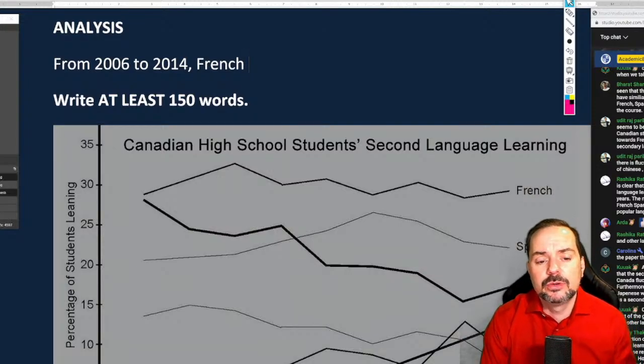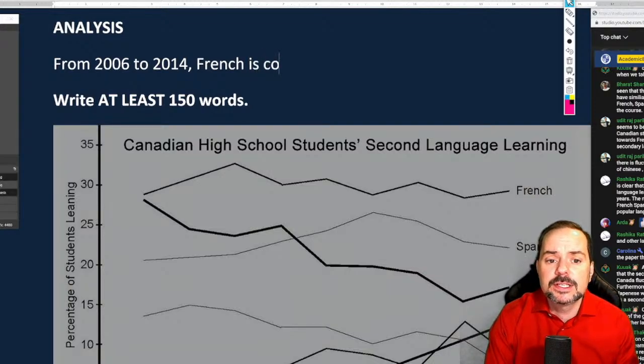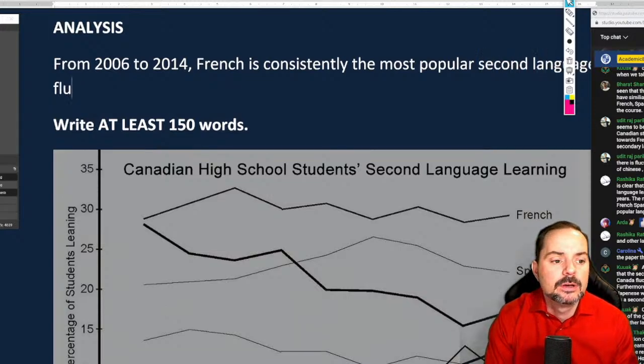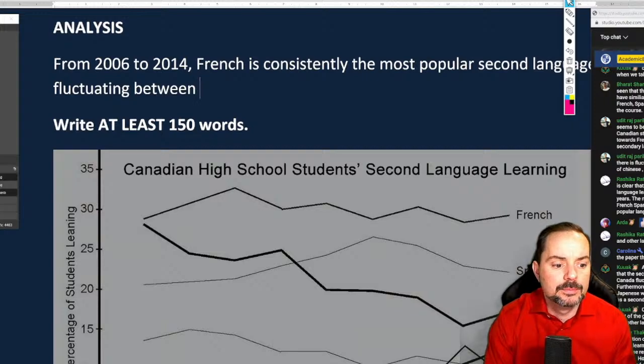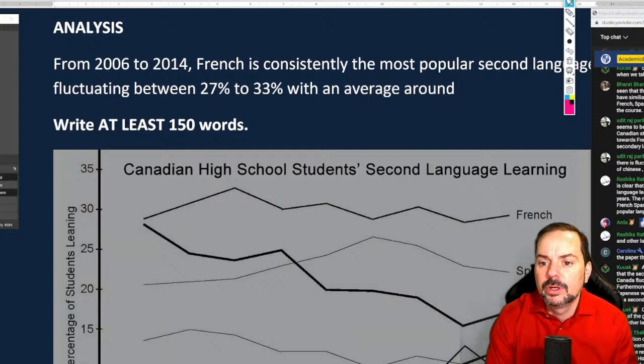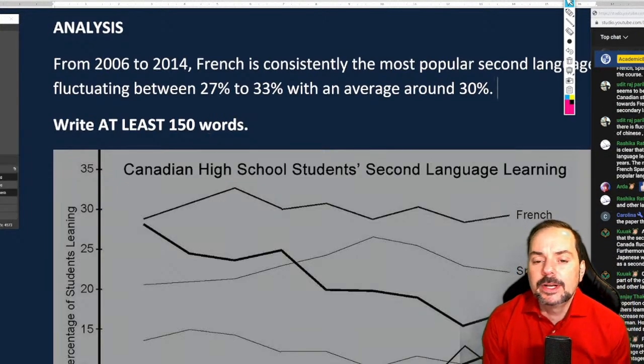So from 2006 to 2014, French is consistently the most popular second language, fluctuating between 27 to 33%, with an average around 30%. Okay. All right, and that's all I would do.